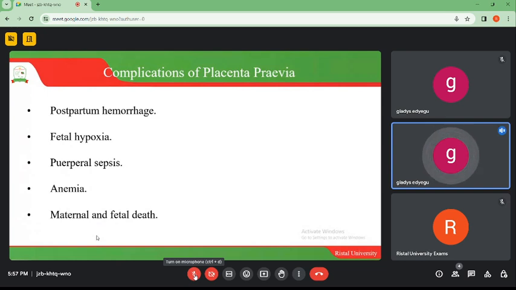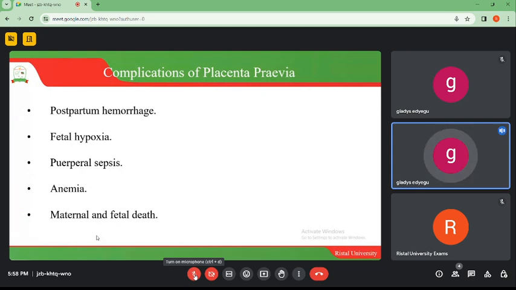So anemia comes in as one of the first complications. After the mother has lost blood, what happens? She becomes anemic, and that one can cause fetal hypoxia. Then later comes puerperal sepsis, but immediately after delivery, we end up with postpartum hemorrhage.